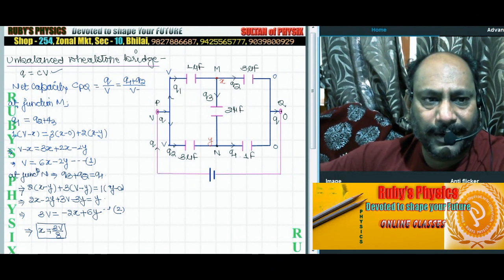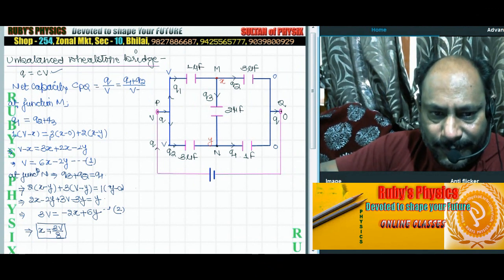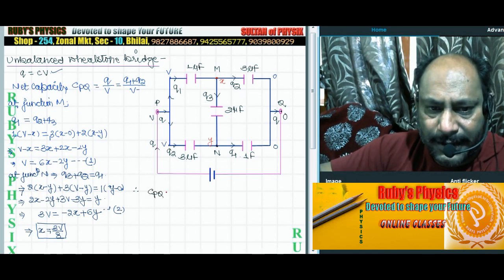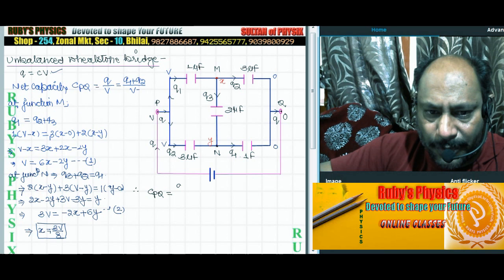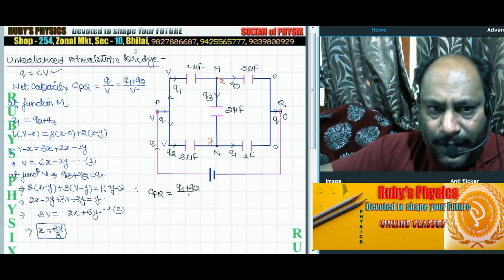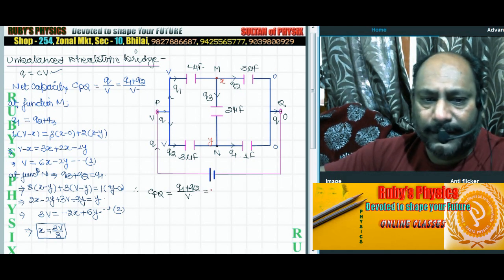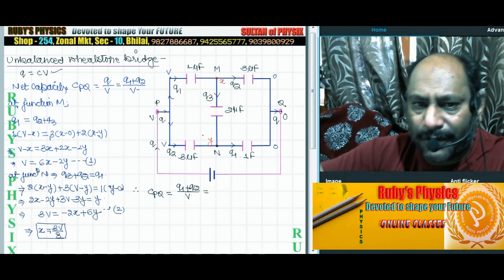Then how can we calculate net capacity? It is so simple. As we have written, the net capacity is given as Q. Can I write C as Q1 plus Q2 upon V? Just observe, write Q1 in terms of x.